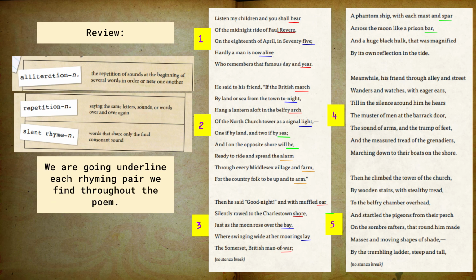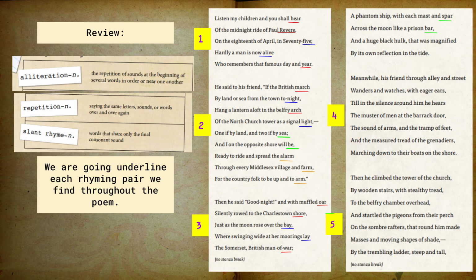So we're going to ask you to use different colors. You probably need 2 to 3, maybe 4 in a stanza. Looking at stanza 2, we have march and arch that rhyme, but they're also separated by the rhyming pair night and light.